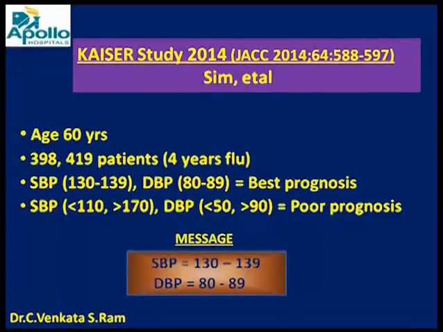This is a study that I mentioned to you earlier, published after all the guidelines, based upon nearly 4 lakh patients. You will notice that the ideal blood pressure in these patients should be 130 to 139, diastolic in the proximity of 80. Of course, when you reduce the systolic blood pressure to less than 110 or diastolic less than 50, they have poor prognosis.